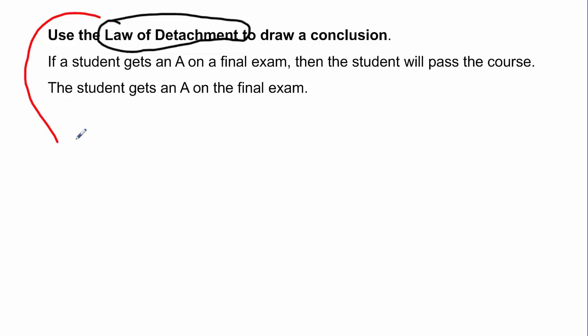So for the law of detachment, what I recall is I have some conditional statement, P implies Q, and if that conditional statement is a true statement, and I also know that P is a true hypothesis, in other words, I'm told that the hypothesis is true, then I can conclude Q. These three dots just mean therefore.